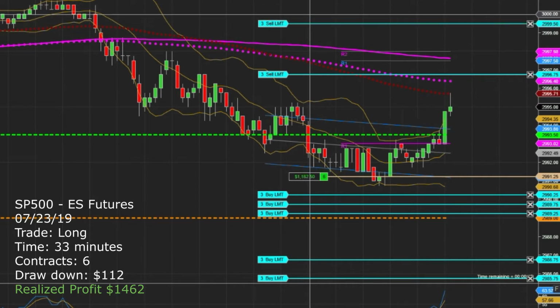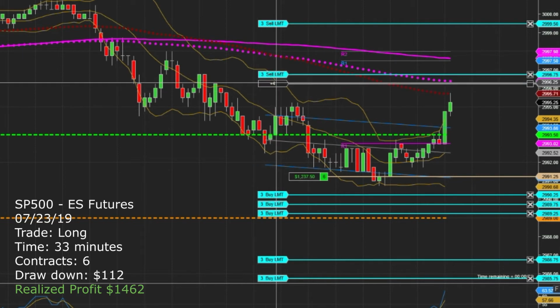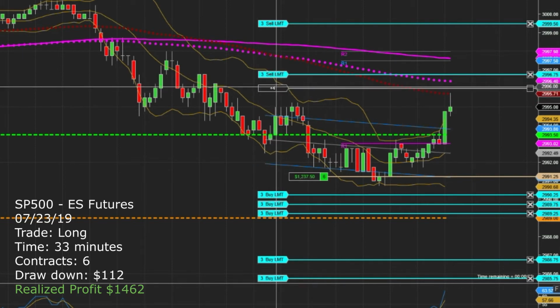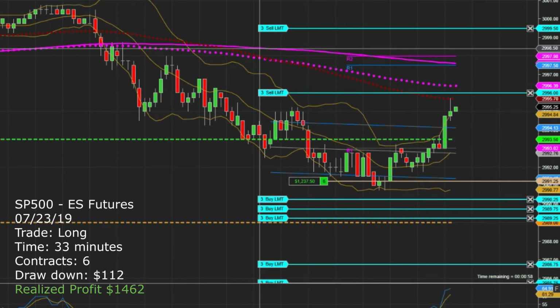It's always a fine line between taking profit or waiting longer for a bigger move. We're looking for price to at least come up here to this dotted pink line, which is the 200 exponential moving average.